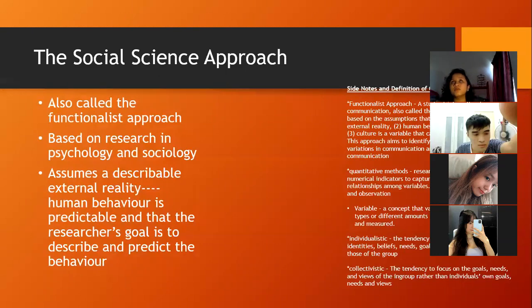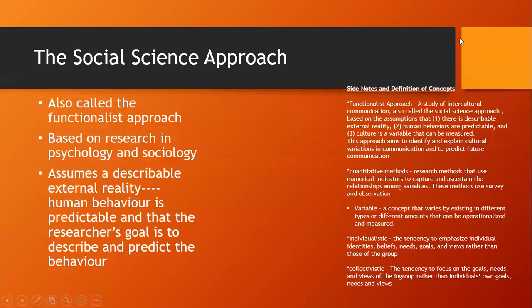When you act as a researcher to predict communities' behavior, you are using the social science approach, and you use quantitative methods. Quantitative methods would be through surveys, normally by creating survey questions. For example, we have 15 questions to ask.